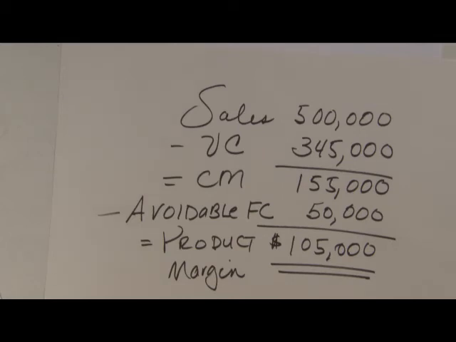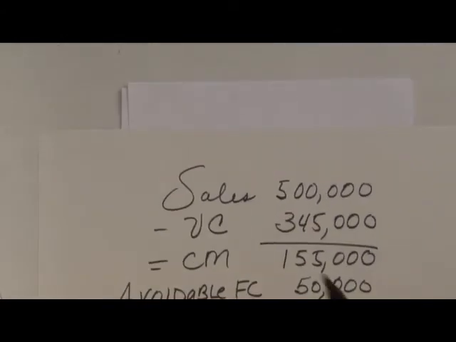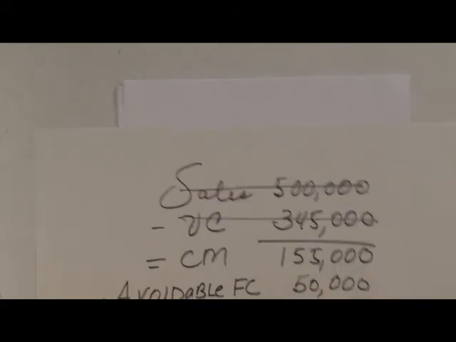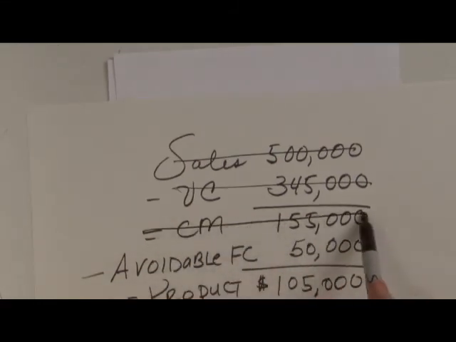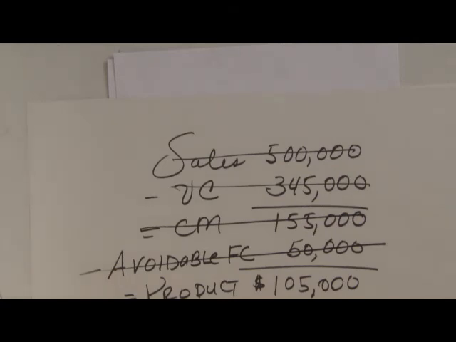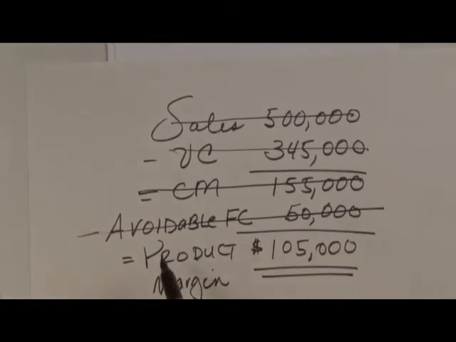So it would be a serious mistake in this case to close this department, because closure would eliminate these sales. Closure would eliminate variable cost, which would eliminate the contribution margin. The avoidable fixed costs go away, and we would lose this much in profit.